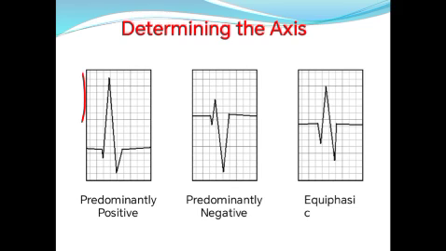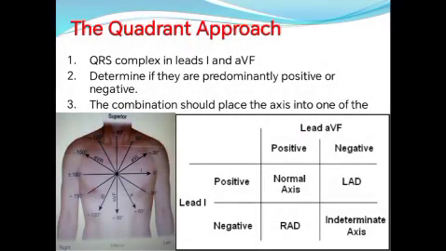Here it's predominantly positive, here it's predominantly negative, and here it is equiphasic. Equiphasic means the R and the S wave are equal. Predominantly positive means the R wave is bigger than the S wave, and predominantly negative means the S wave is bigger than the R wave. That is the equiphasic one.